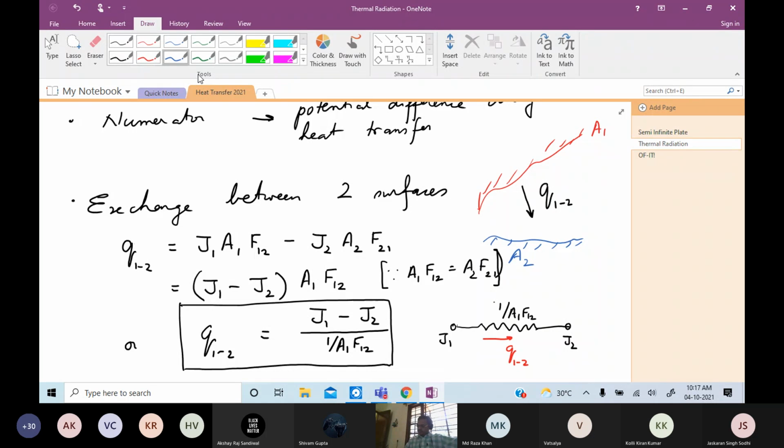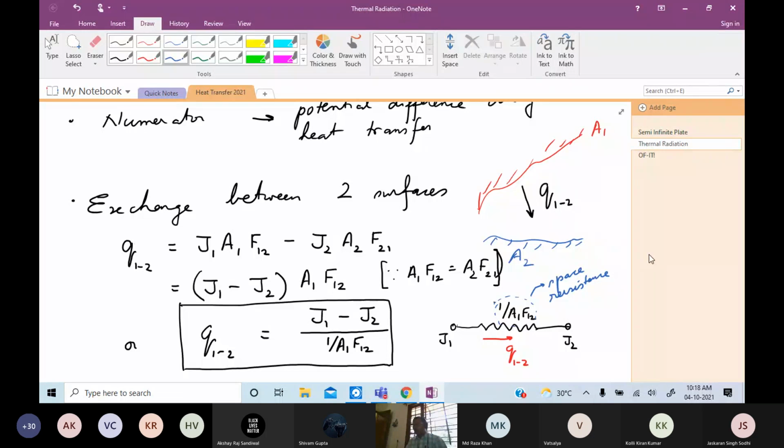So this friend of ours, this 1 over F12 is also kind of a resistance, and we call it the space resistance. There's some resistance because there's a space between A1 and A2 through which the radiant heat is getting transmitted.